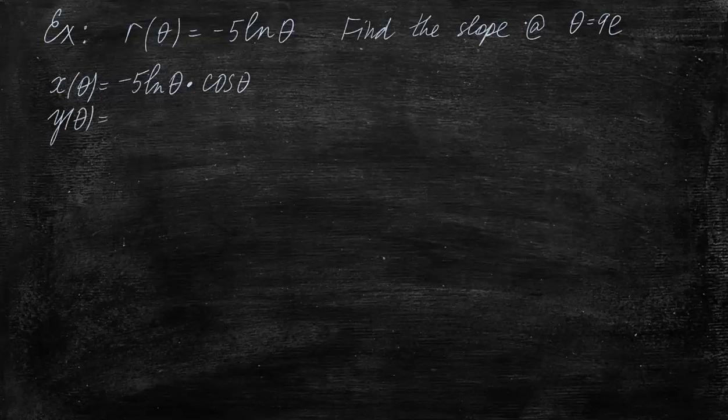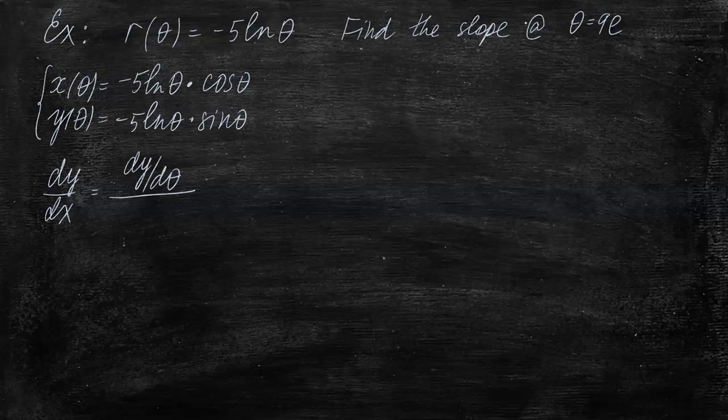Y of theta will be equal to negative 5 ln theta times sine theta. And if we're looking for the slope of the tangent line, we're looking for dy dx, which can be found as dy d theta divided by dx d theta, and we've got to do the differentiation carefully.